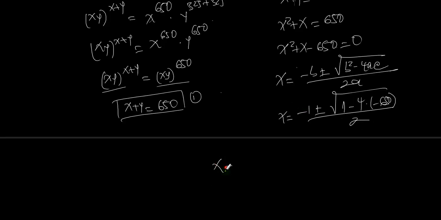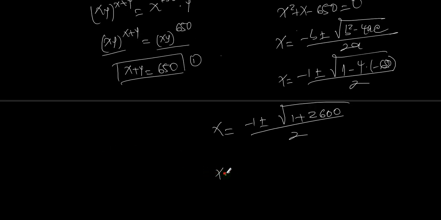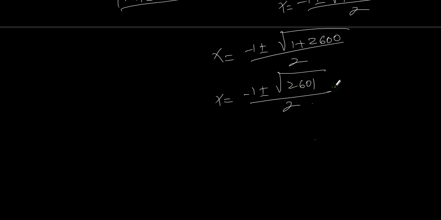So from here, x is going to be minus 1 plus or minus the square root of 1 plus 2600, divided by 2. So x is minus 1 plus or minus the square root of 2601, it's easier to say like this, divided by 2. This number here is 51 squared. So x is minus 1 plus or minus 51, divided by 2.